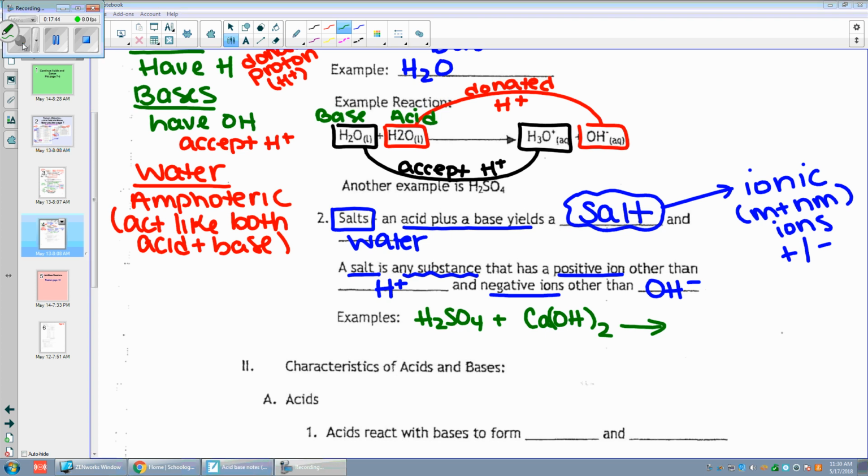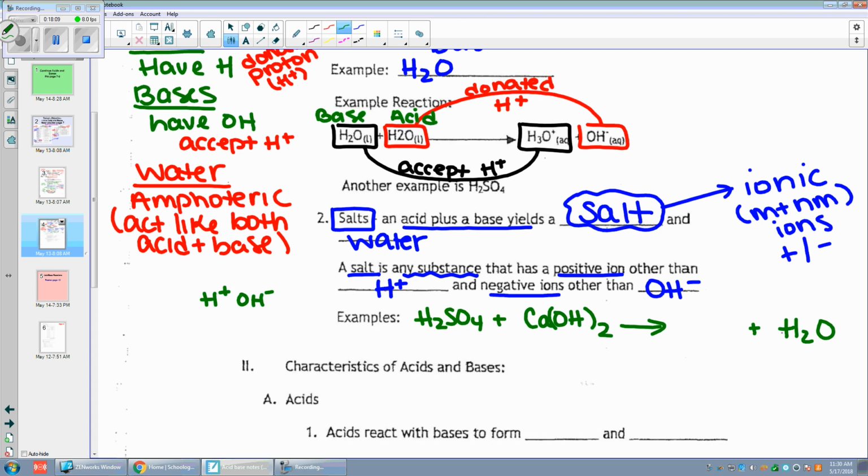In a double replacement reaction, remember the first thing wants to switch with the other first thing, so my H wants to switch with my Ca. That means that my H will go with my OH. I can do my little crisscrosses over here. My H plus wants to go with my OH minus, so I'm going to get H2O. I'm going to write it second. It really doesn't matter, but I'm going to write it second.